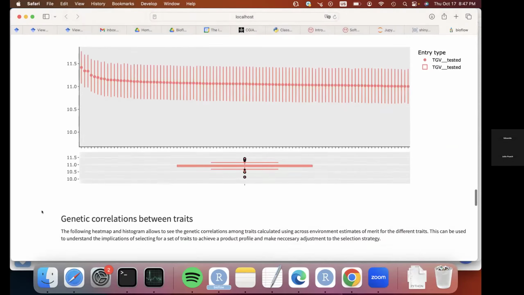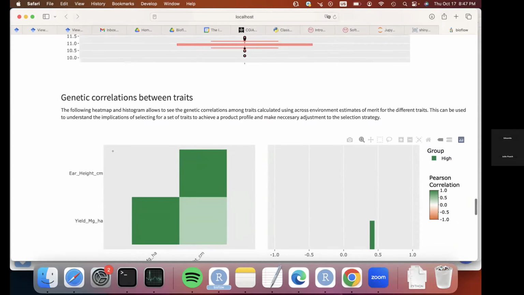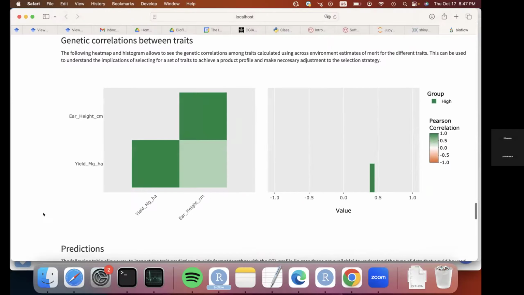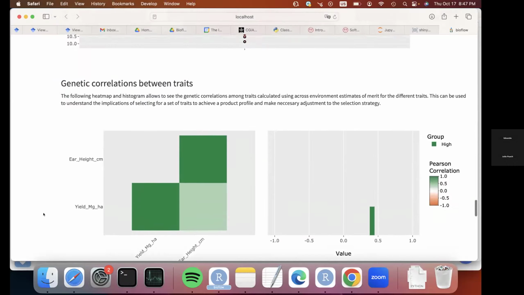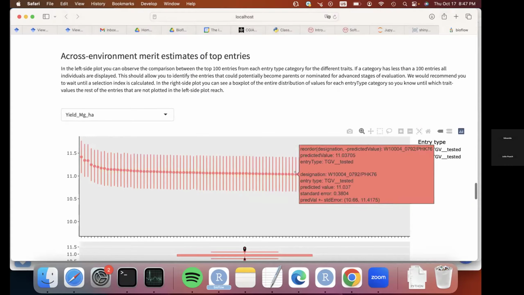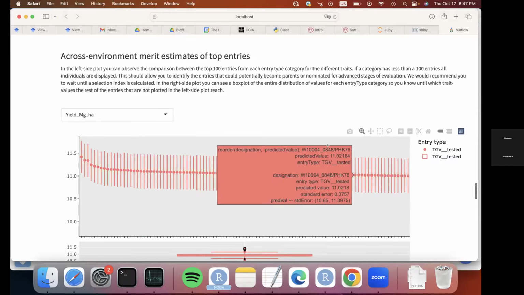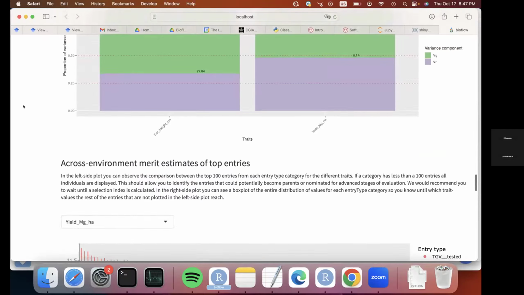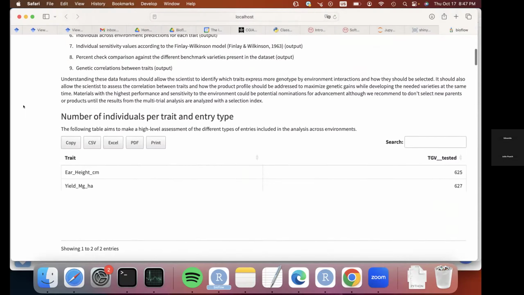And there are many graphs, so I will not go through them, but there is everything that the breeders have been asking us: genetic correlations between traits, genetic correlations between environments, distribution of GBBs or TGBs, depending on what is the type of merit estimate that you have selected.